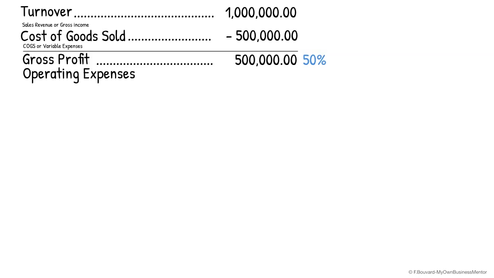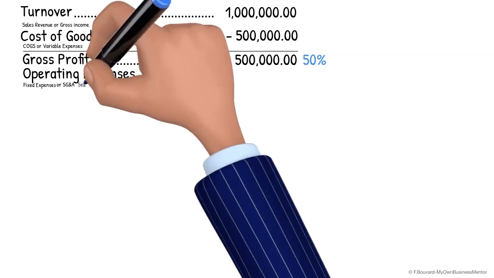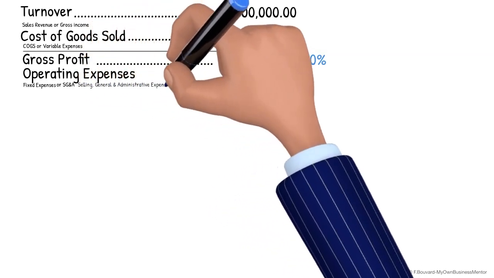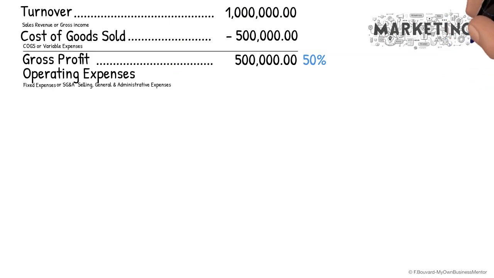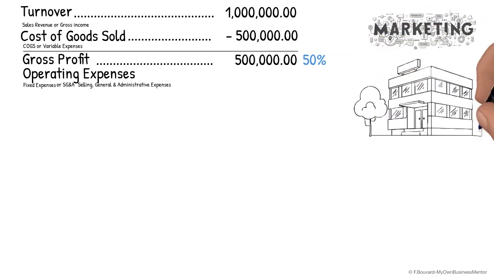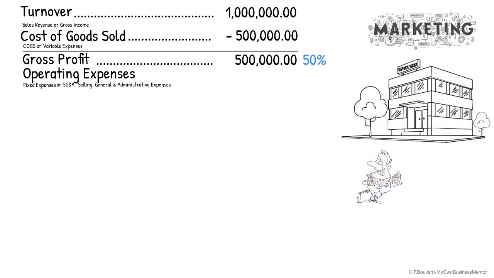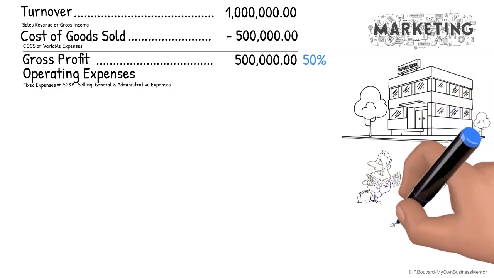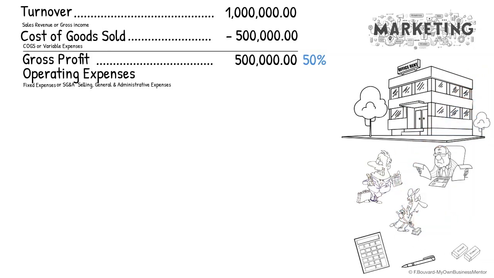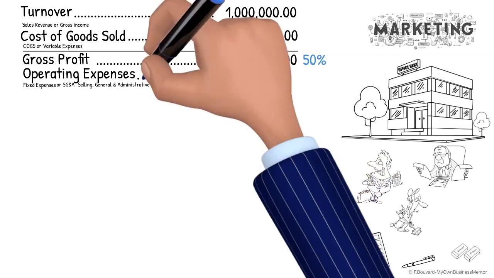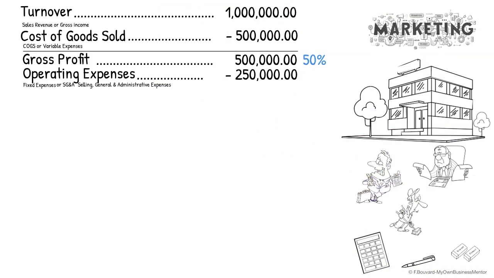This is the reason they are often referred to as fixed expenses, or as SG&A, which stands for Selling, General, and Administrative Expenses. It includes costs like marketing, leasing of equipment, or office rent, the salaries of anyone not involved with the production of the goods or the services sold, and other day-to-day expenses needed to run the business. In our example, the operating expenses amount to $250,000.